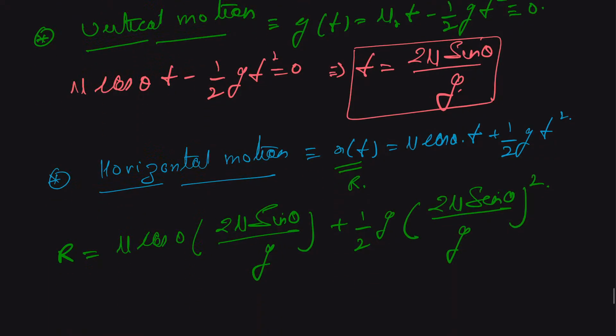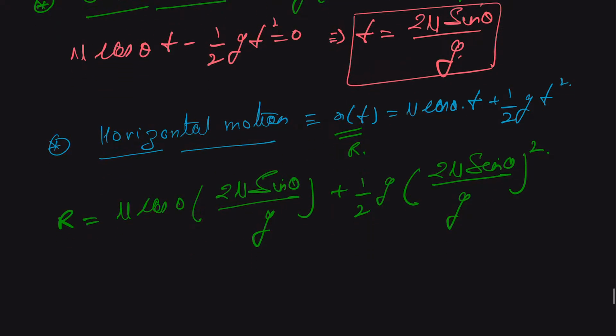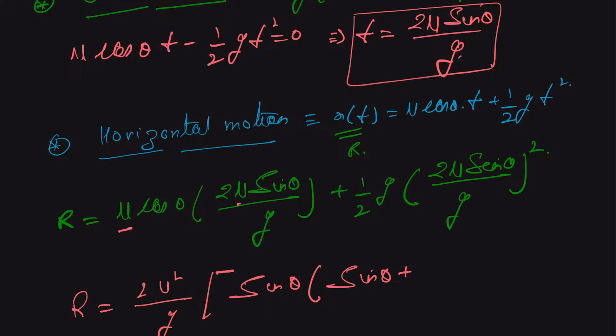A little bit of simplification is going to give us that R is equal to, this will be u square and u square, and 2u square by g we can take as common, and we will be left with sin theta times sin theta plus cos theta.